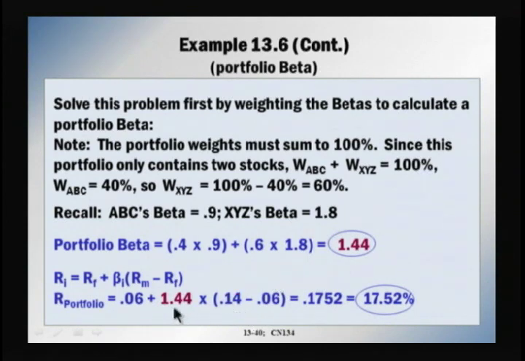So our portfolio deserves 1.44 times as much risk premium as the market as its own risk premium added on to the 6% risk-free rate. So we expect our portfolio to return 17.52%. That would fairly reward us for our portfolio's systematic risk equal to its beta of 1.44.